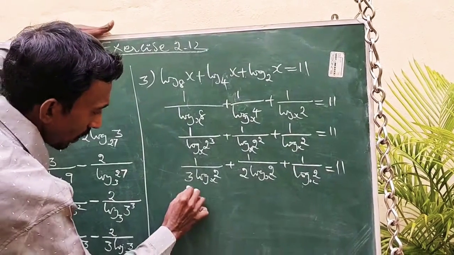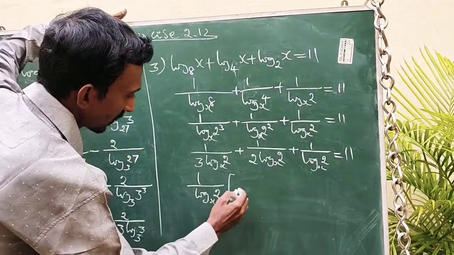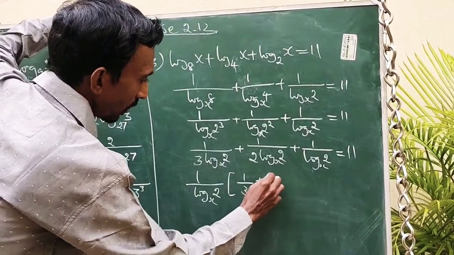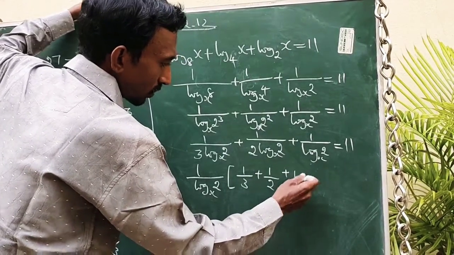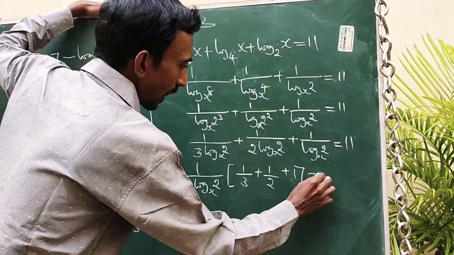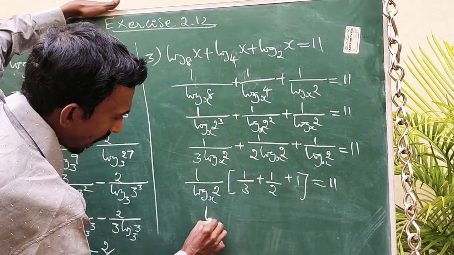So take 1 by log 2 base x common. What is remaining? 1 by 3 plus 1 by 2 plus 1 by 1. So take the LCM. It is 6.